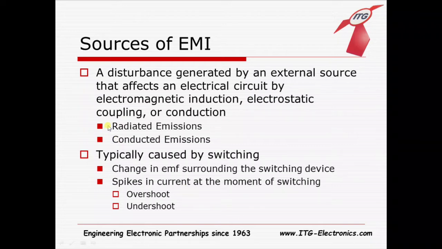And that can happen through two different sources. The first is radiated emissions, so that does not need a medium to travel through. It doesn't need a physical connection or conductor to transmit that noise or interference.